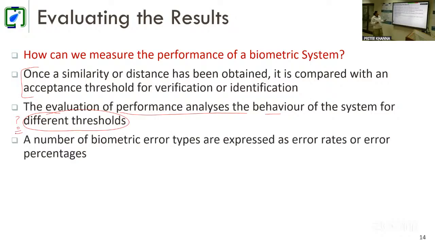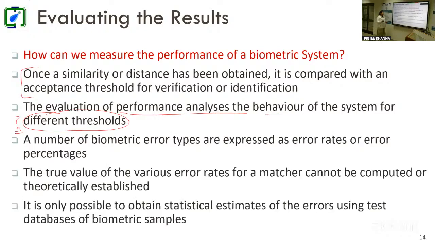Now remember, a number of biometric error types are there, so error types or error percentages. Remember that the true values of the various rates cannot be completely obtained or established, but we can obtain statistical estimates of the error.